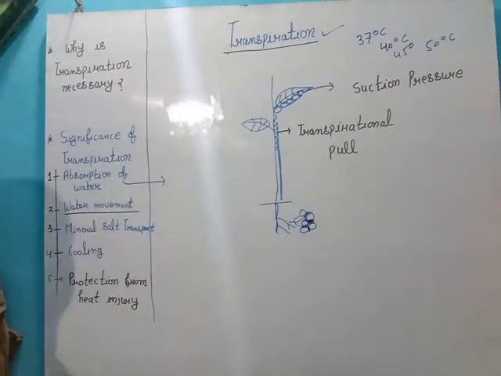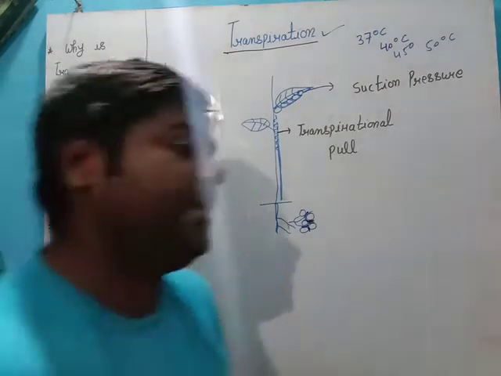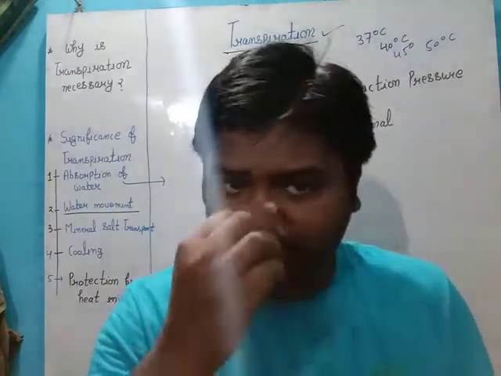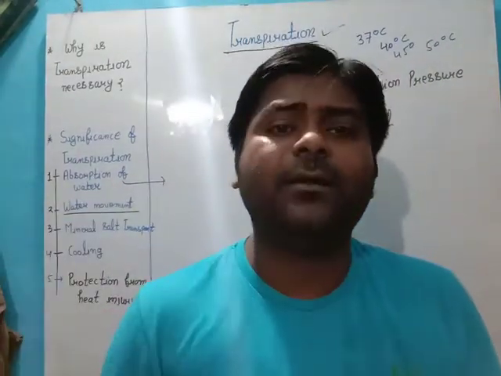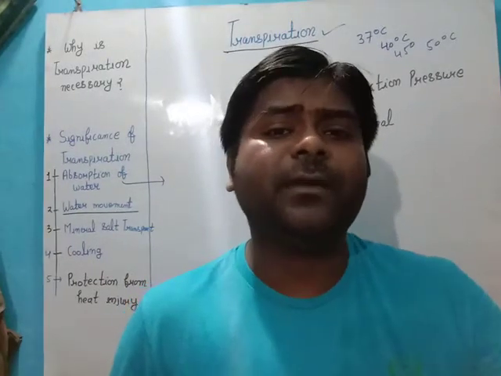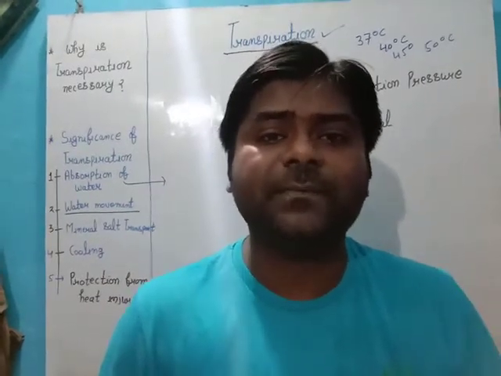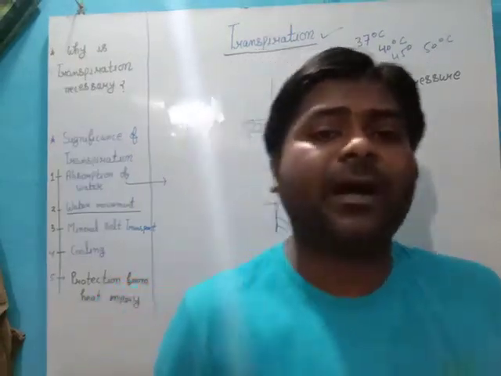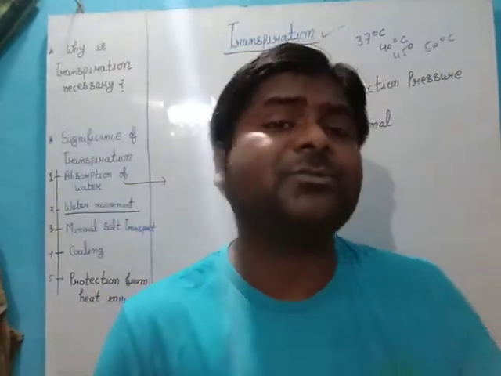Then we have protection from heat injury. We know that cells have capability to bear a certain specific kind of heat, and whenever we have an increase in temperature, they will have damage in the various parts of the cells, various parts of the body.